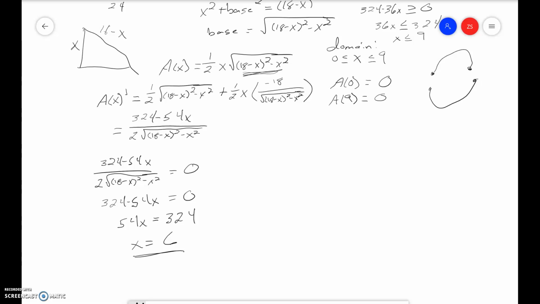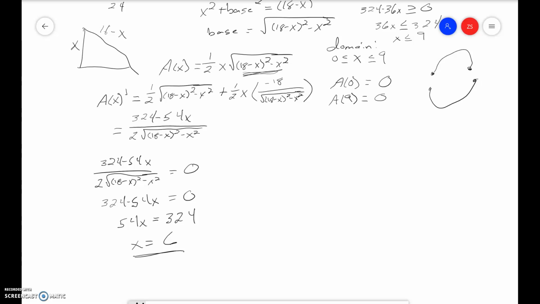Okay, so this is the only little weird part I came to, because most times there's two critical points coming from an expression like this. But I knew that x equals 6 is a pretty good x value.